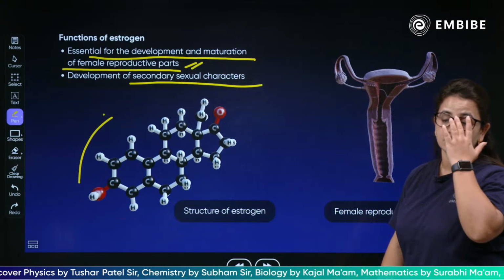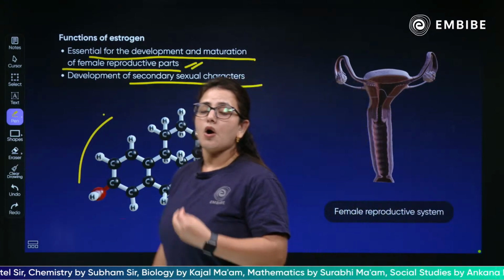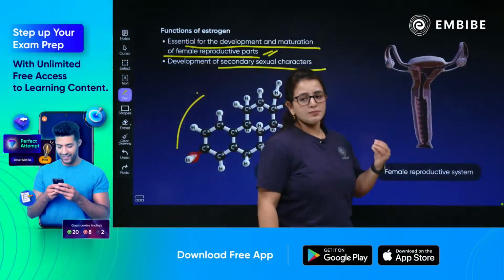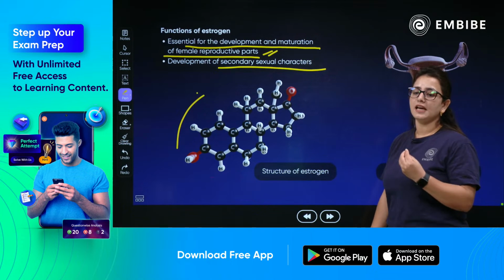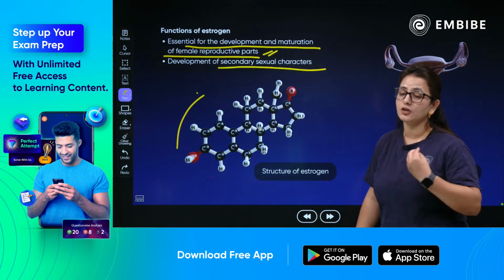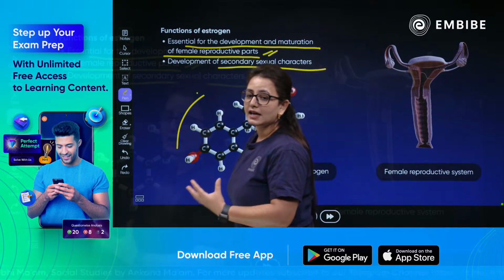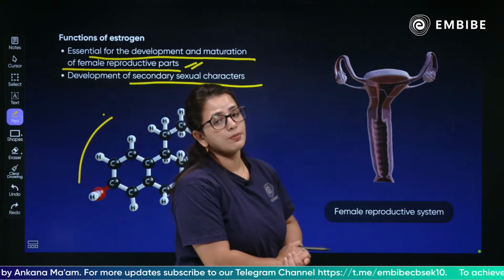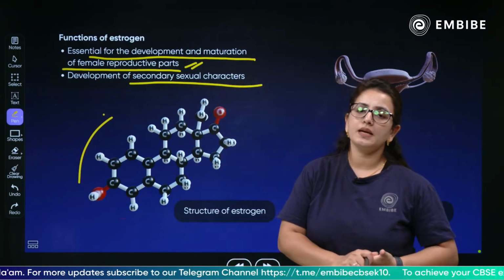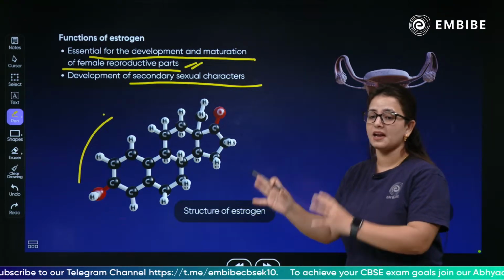This is the female sex hormone. It takes care of the development and maturation of the female reproductive organs, and also the development of the secondary sexual characteristics in a female.